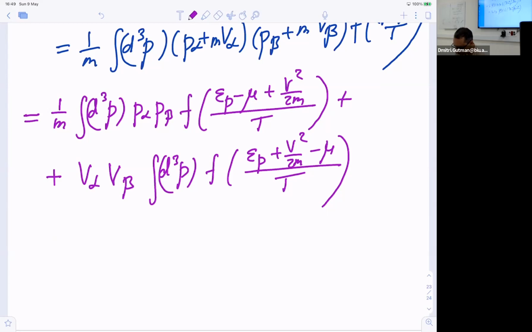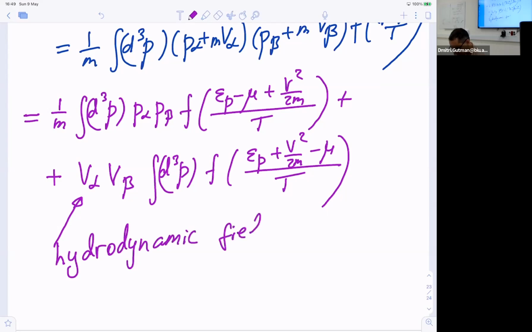Okay. So the second term, now we are assuming that these are hydrodynamic fields. So it means that this thing is much, much smaller than chemical potential.